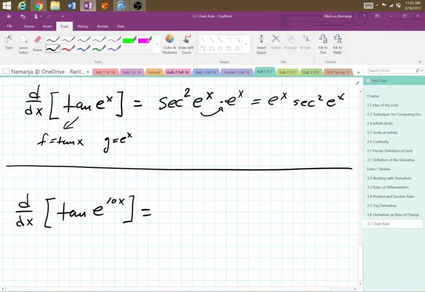So now we have f is tangent x, g is e to the x, and h is 10x. Because look, you take this 10x and you plug it here, and you compile e to the 10x. And you take that e to the 10x and plug it there, and you compile tangent e to the 10x.